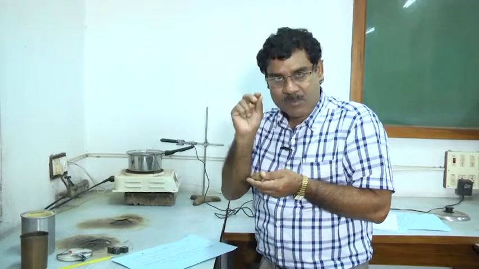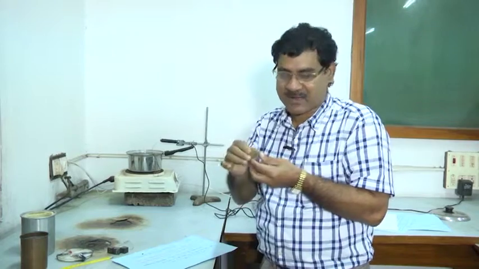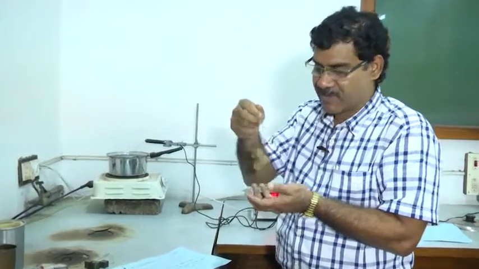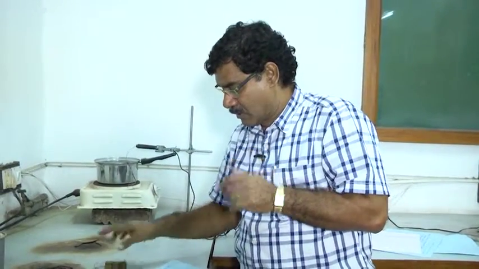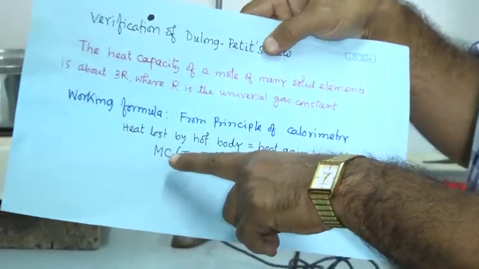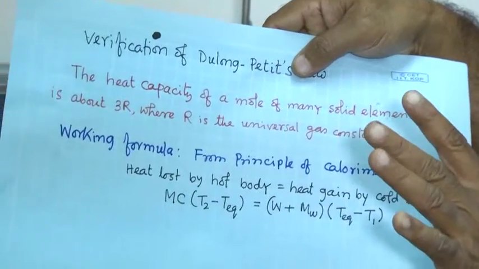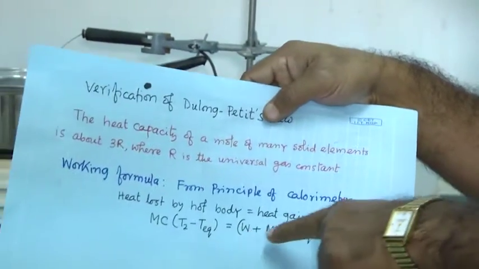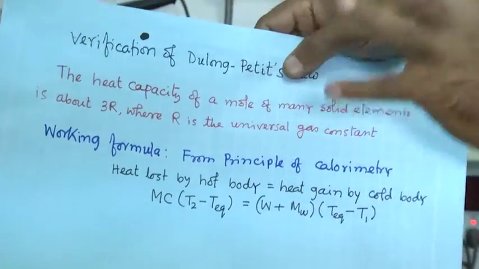If we take small pieces, you can make sure that the temperature throughout the material is uniform. That is why we have taken 3 pieces instead of 1. Now we have to take the mass of water and the mass of this container, the calorimeter.